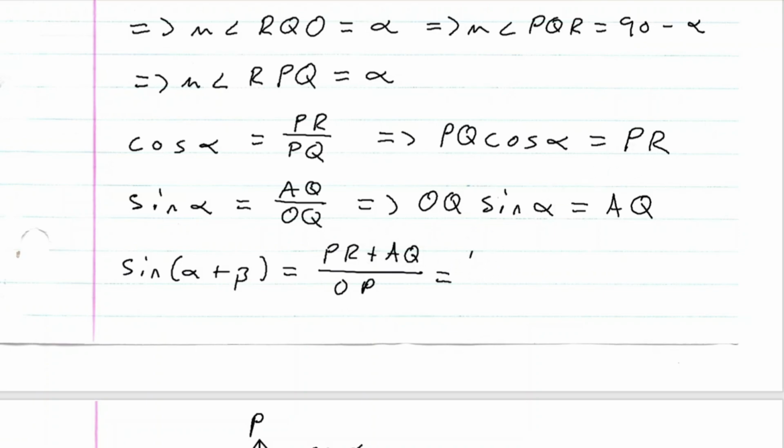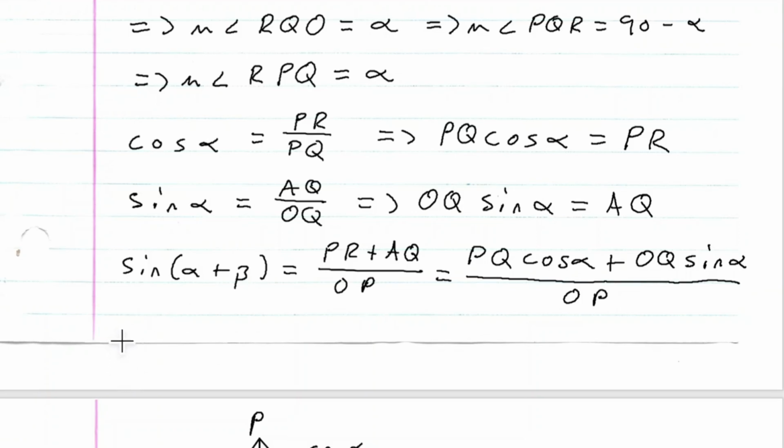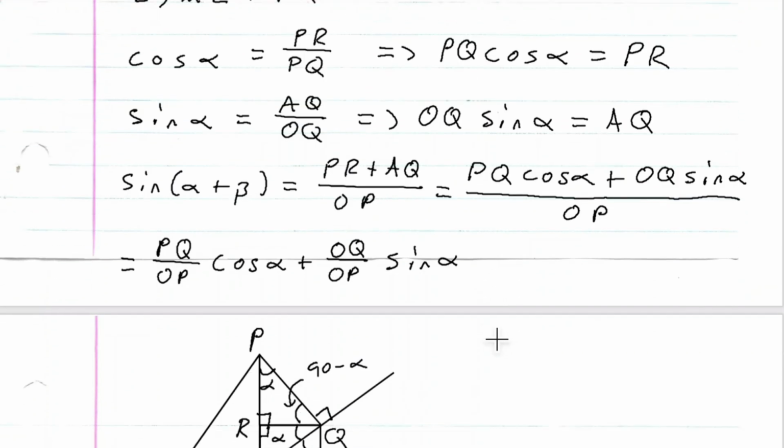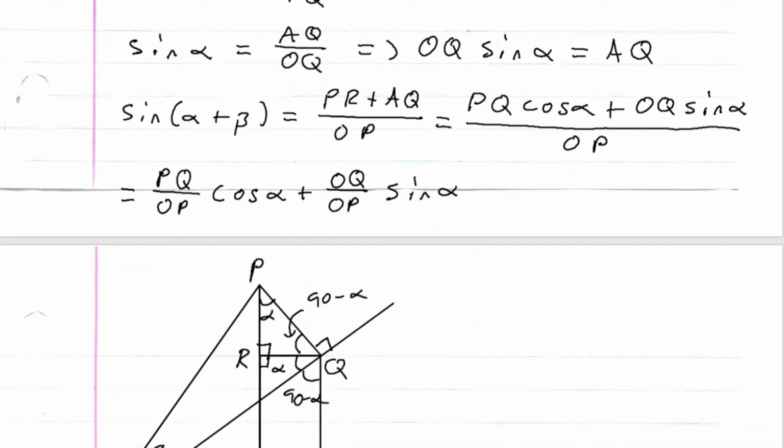We know PR is PQ cosine alpha, and we know AQ is OQ sine alpha, all over OP. We can rewrite this as PQ over OP times cosine alpha plus OQ over OP sine alpha. And I have the picture down here.